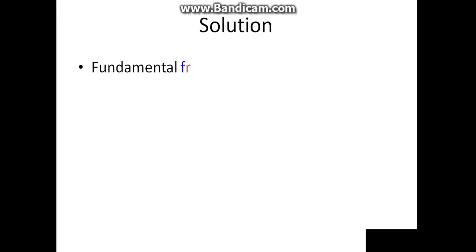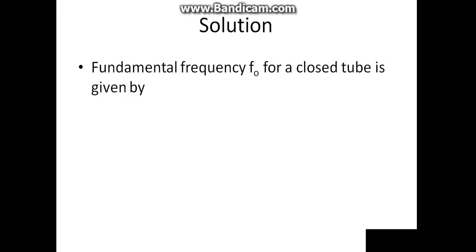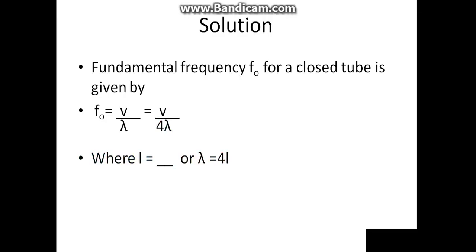Solution. Fundamental frequency FO for a closed tube is given by FO equals V over lambda, which is equal to V over 4L, where L is equal to lambda over 4 or lambda is equal to 4L. Using V equals F lambda, therefore V equals FO 4L.